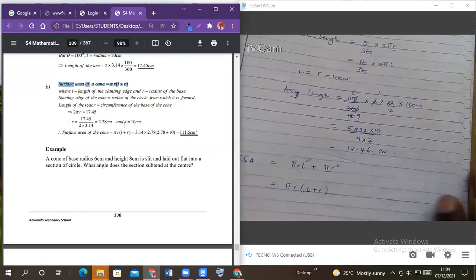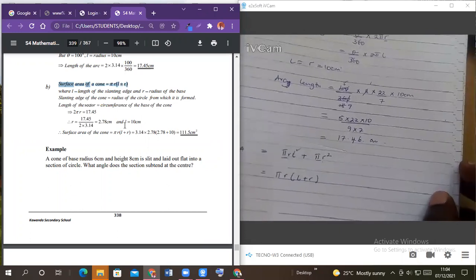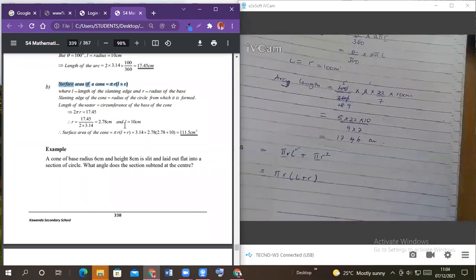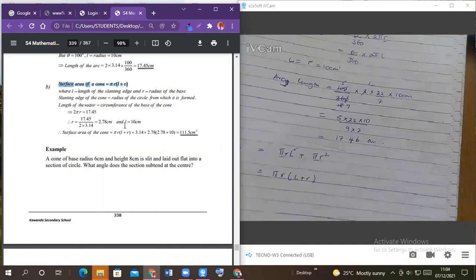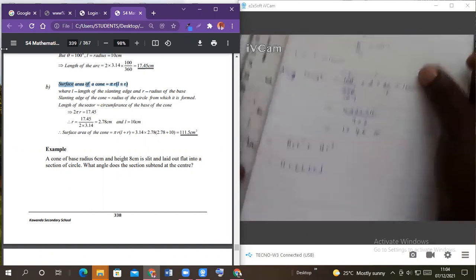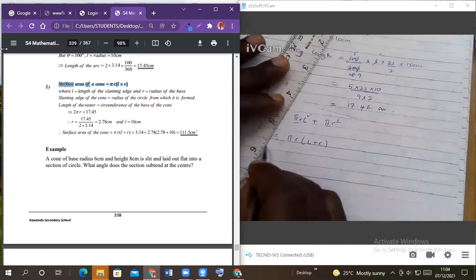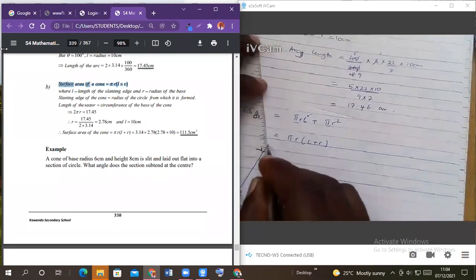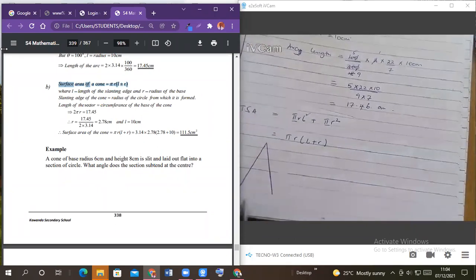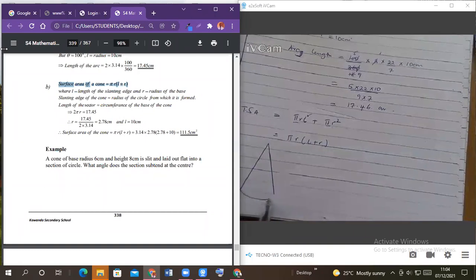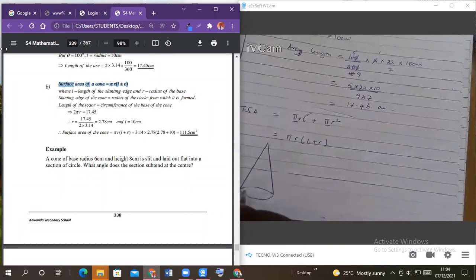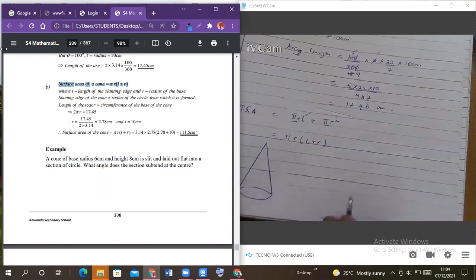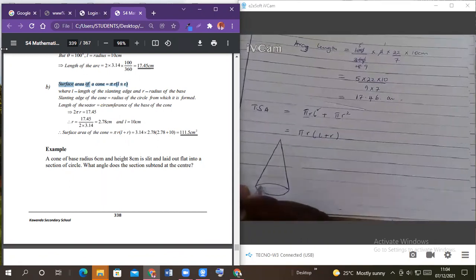Now, when you look at a cone, there's something you should know: we are going to look at two areas here. This is the cone we are talking about. In this case, they have covered the cone, so if the cone is covered, we have to find this area.